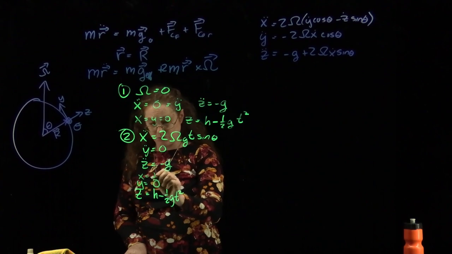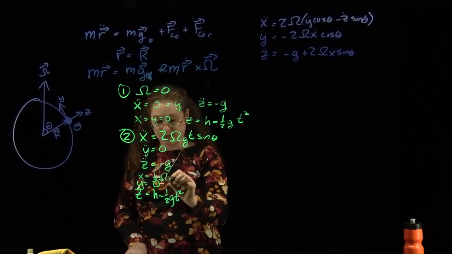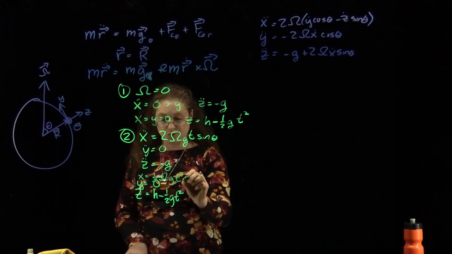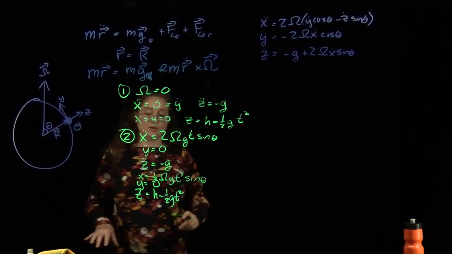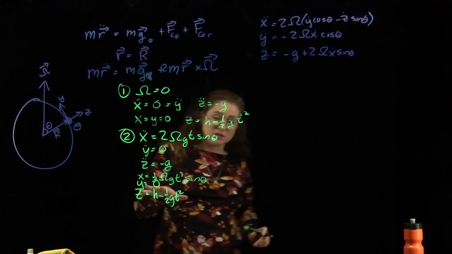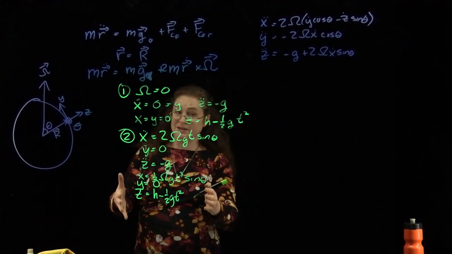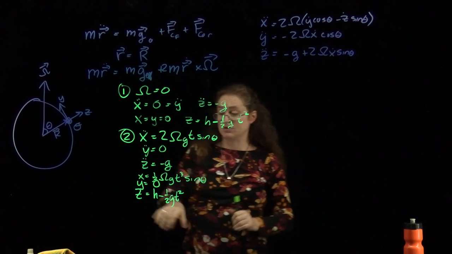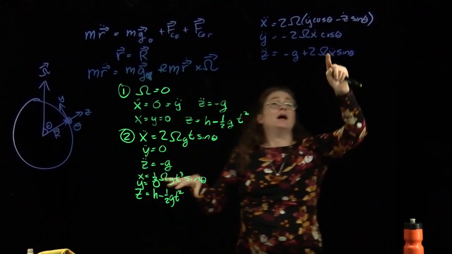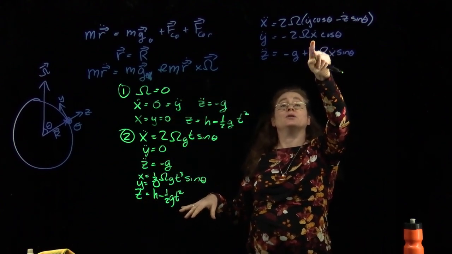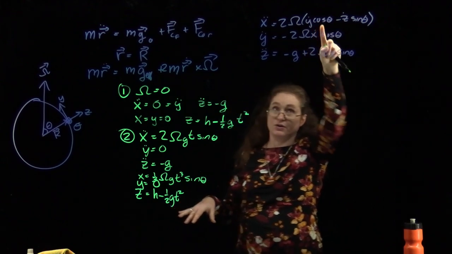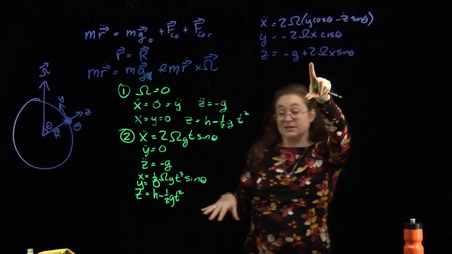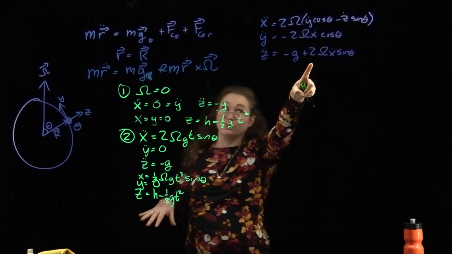X is 1/3 omega g t cubed sine theta. So what we could do with these results is plug these back into there and solve an extra iteration. If we did that, we're then going to have a y double dot term, and there's now a non-zero x double dot term, and the z double dot term deviates from negative g.